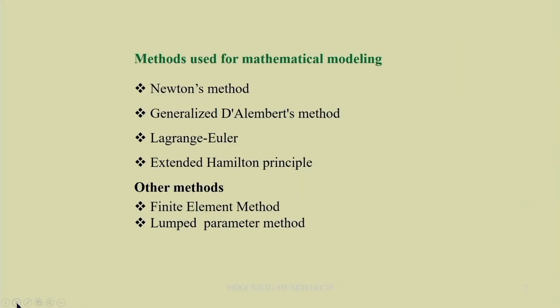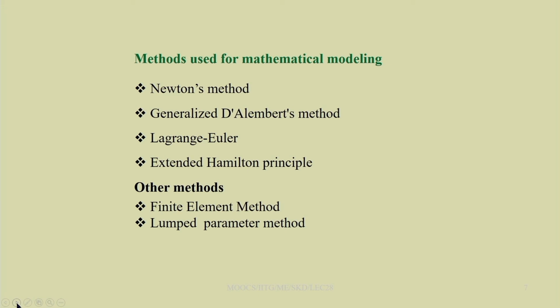In mathematical modeling, in our previous classes we know how we can use Newton's method, the generalized D'Alembert principle, the Lagrange-Euler formulation, extended Hamilton principle, the finite element method, and lumped parameter models.